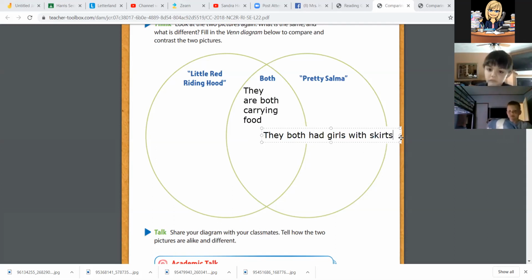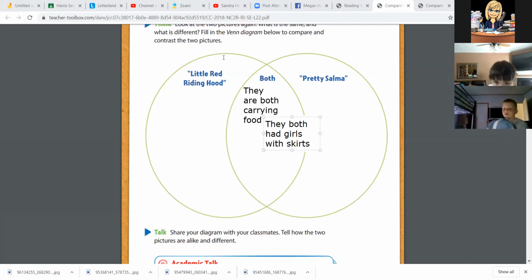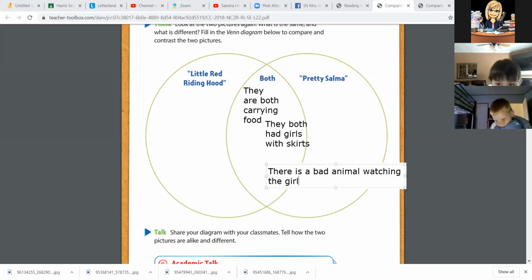What else did they have in common, Landon? In the pictures, there's two bad guys trying to get the food from them. Okay, there's a bad animal watching the girls.